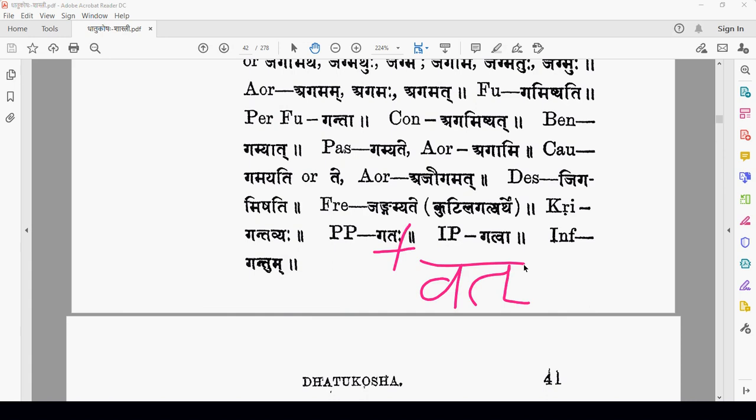So we use not patitavan or patitavati, because paranam is Napusaka lingam, we use patitavat. Paranam rukshat patitavat. It has fallen from the tree. Because paranam is neuter gender, we use patitavat.